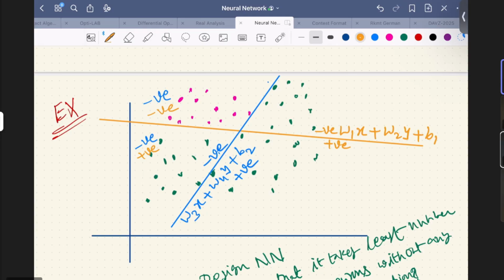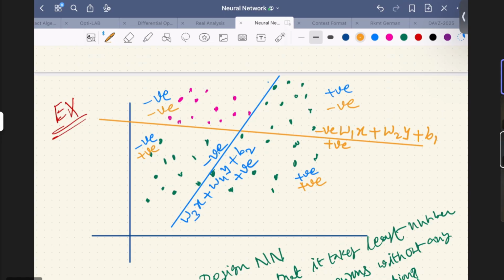In the third region, both must be positive. And in the last region, blue is positive and the other one is negative.